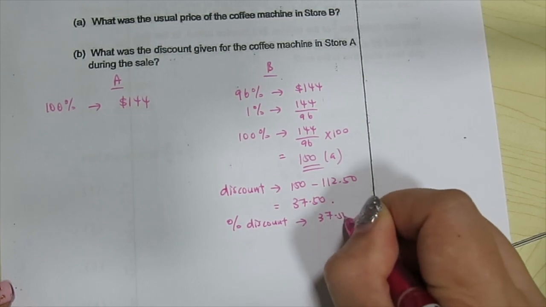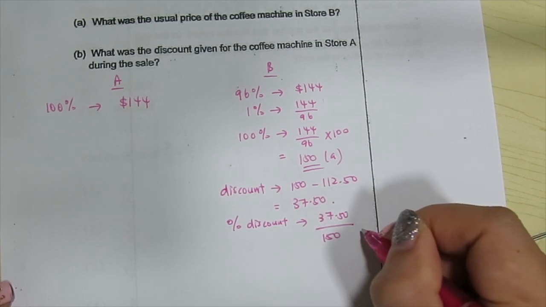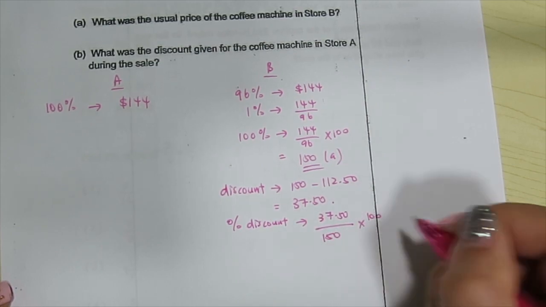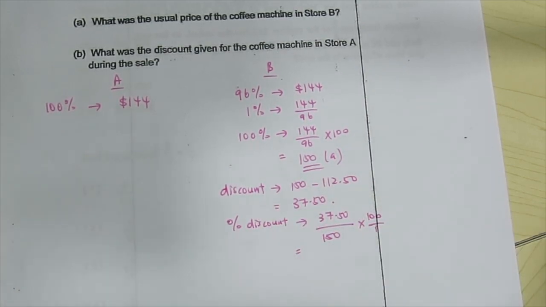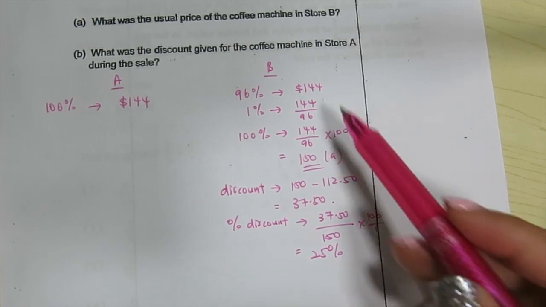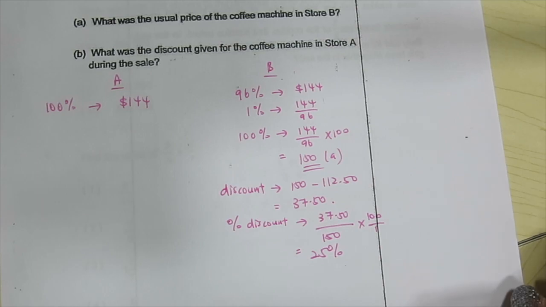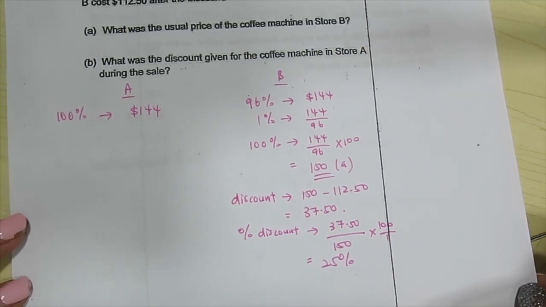We take the discount out of the original price, which is 150, times 100. That's a 25% discount. So if store B gave a 25% discount, it means store A also gave a 25% discount. So what was the discount given?